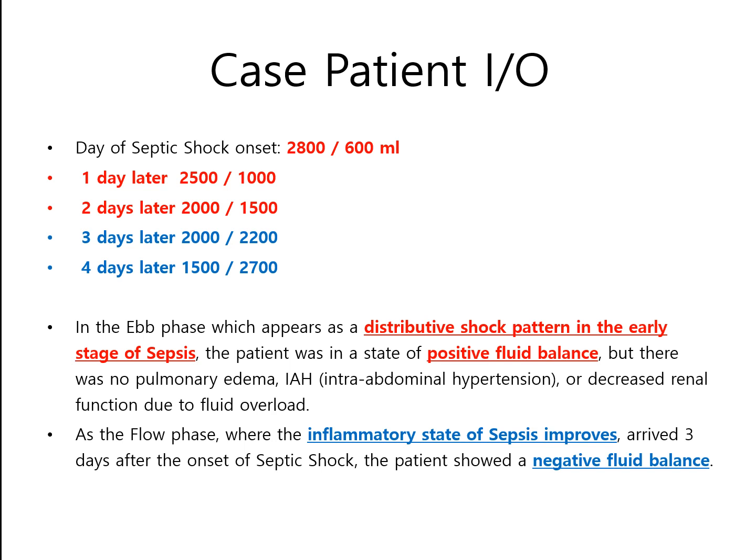As he improved, entering the flow phase around day 3, his fluid balance shifted to negative as his inflammatory stage improved. This illustrates that while positive balance can occur early, careful monitoring is needed to avoid complications, and a shift to negative balance is desirable as the patient recovers.